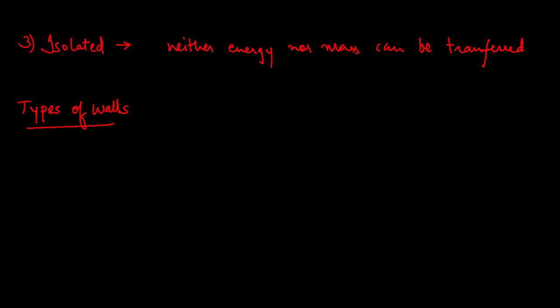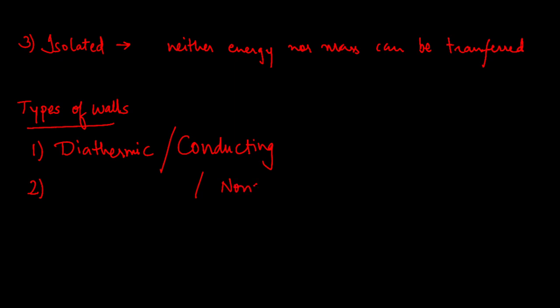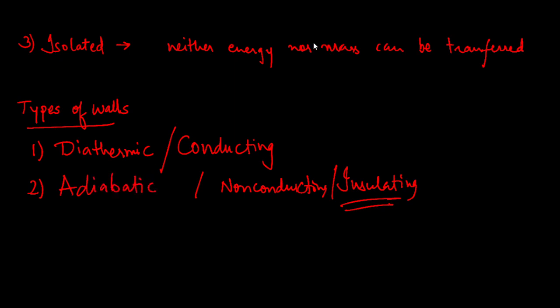So what are types of walls? Number 1, diathermic, or conducting. Second one, the opposite, non-conducting, and non-conducting means insulating. Such walls are called adiabatic.